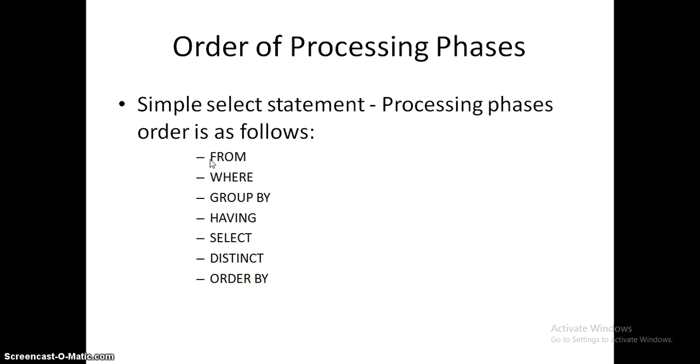The first one is the FROM, which will get the table name, and next one is the WHERE clause, from where it will identify all the filter conditions and eliminate the data. GROUP BY is for the aggregations. Once it identifies the table names and filters the data, with the remaining data it performs the GROUP BY operation, and there it will do HAVING, which is a type of group by aggregation filter.